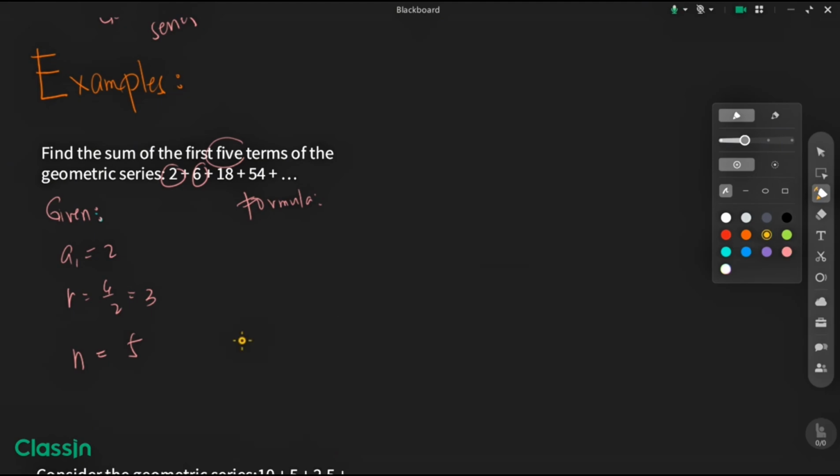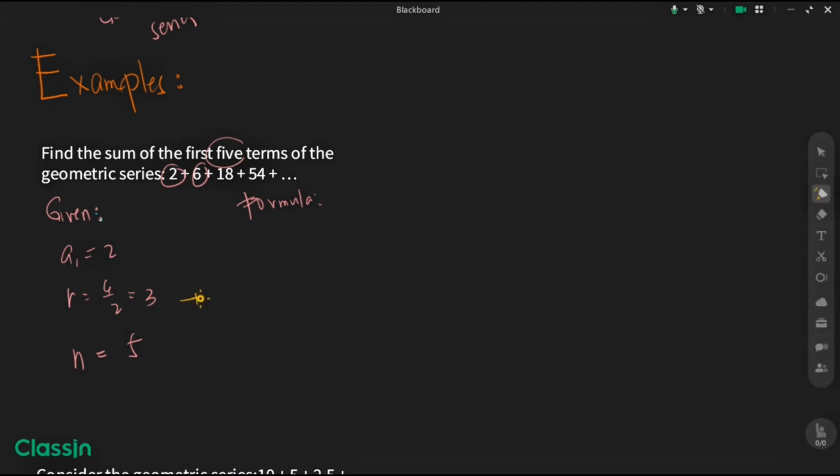Just a quick reminder again, in order for us to get the ratio, we need to divide a sub n plus 1 all over a sub n. We need to get the ratio of any two consecutive terms.